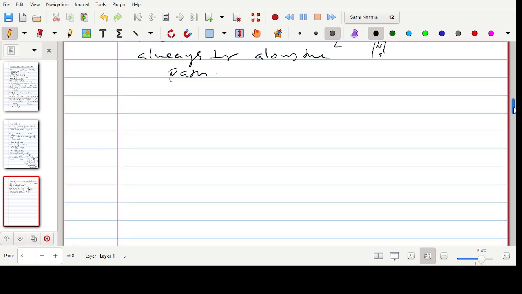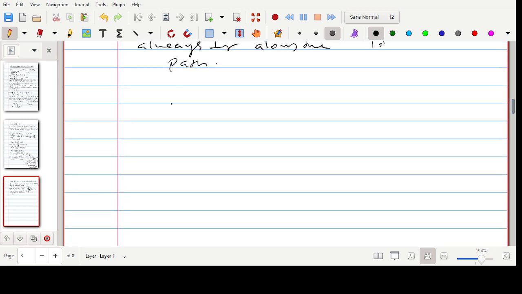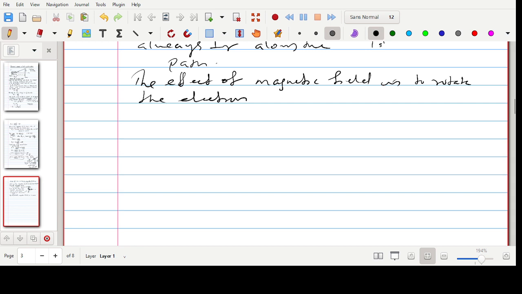The effect of the magnetic field is to rotate the electron.